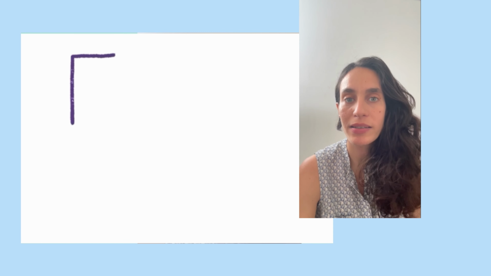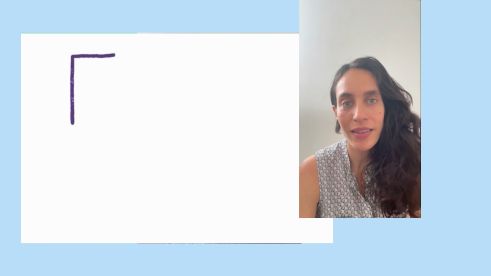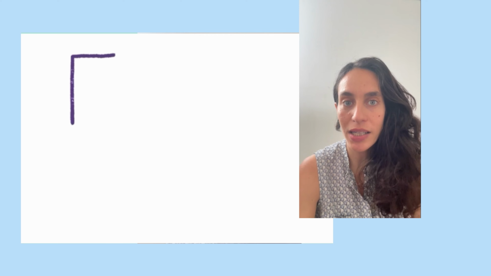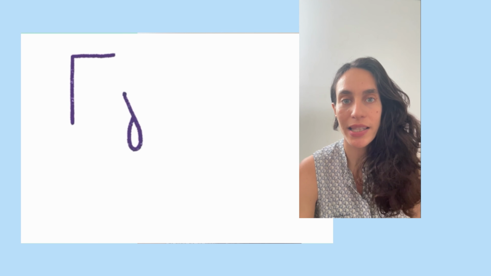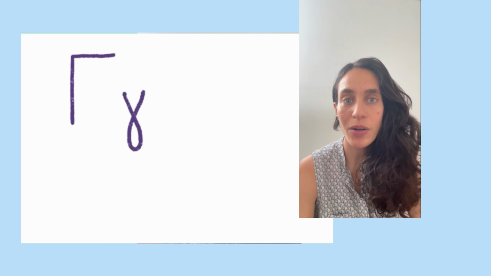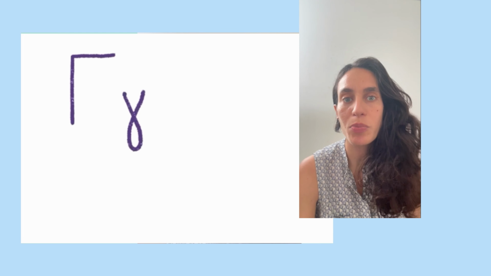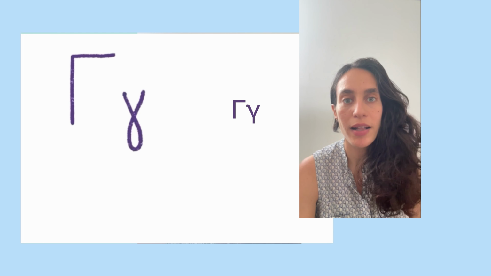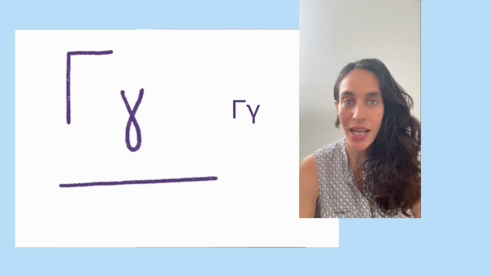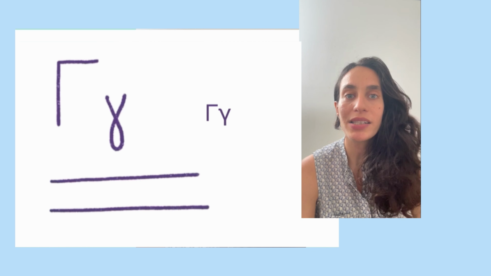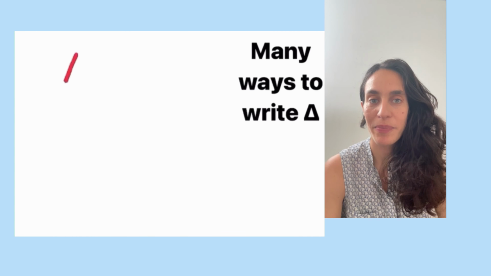The capital letter looks like an angle, and the lowercase makes a loop. We write it making a loop. Now, when you type the letter gamma on your keyboard, you might see that it looks like Y. This letter does not actually exist in the Greek alphabet, that's only on the keyboard.